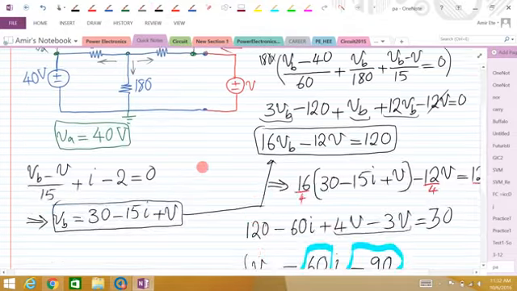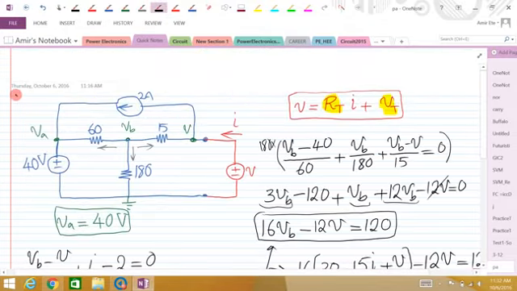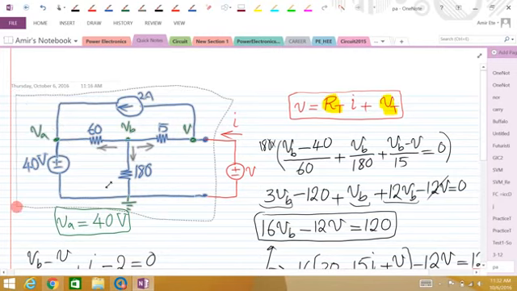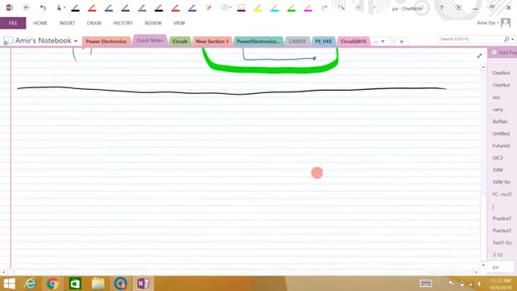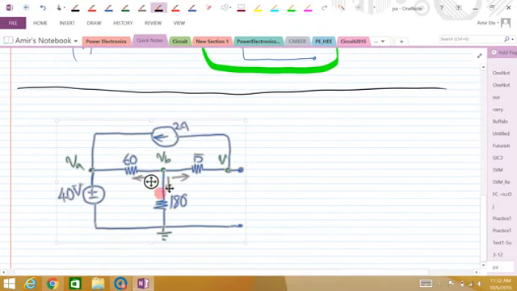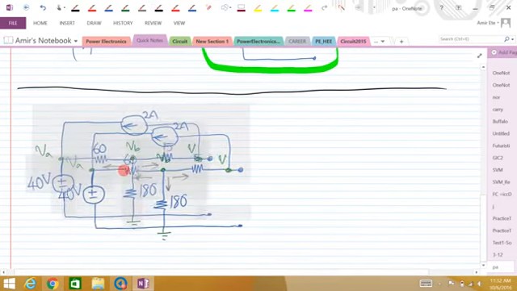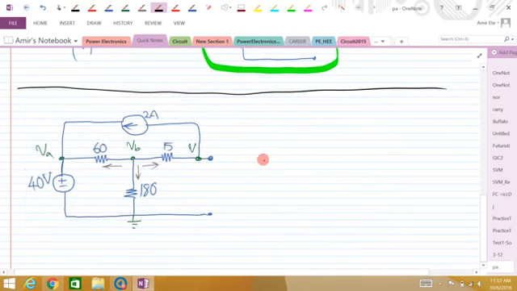So the other thing that I would like to briefly discuss in this video is this. Let me just copy this circuit again down there. So here's my circuit.